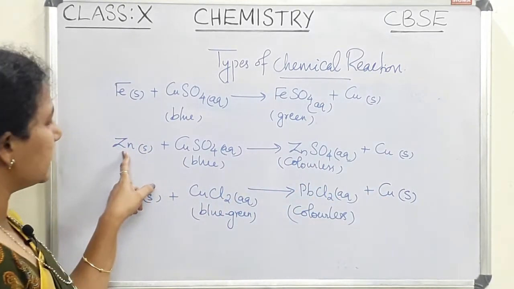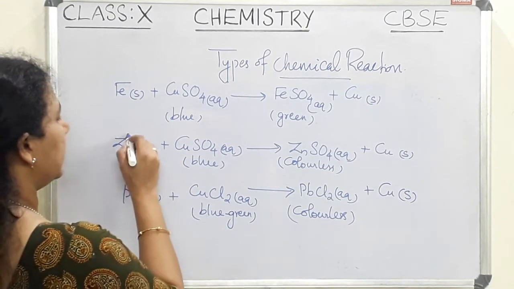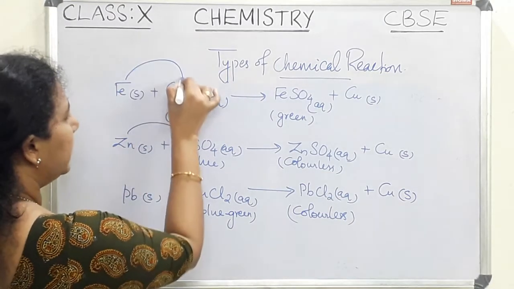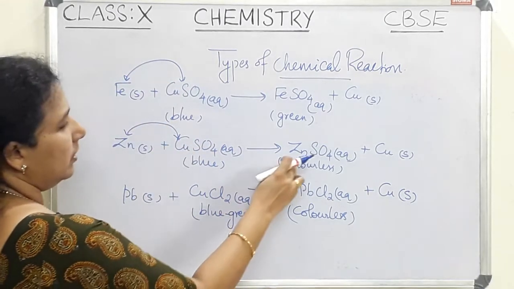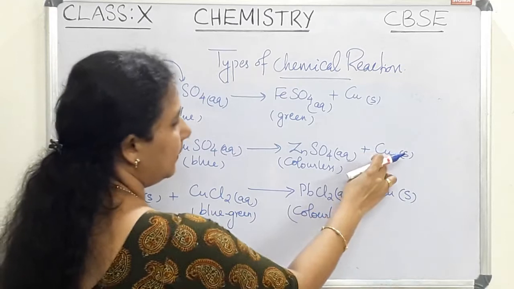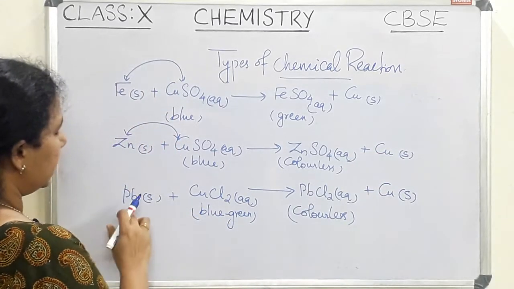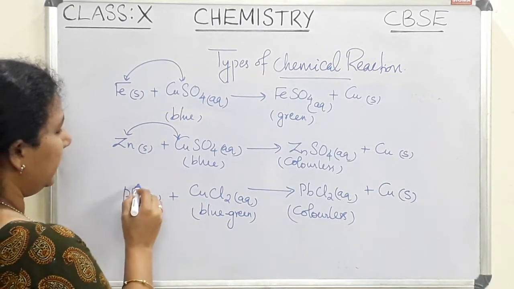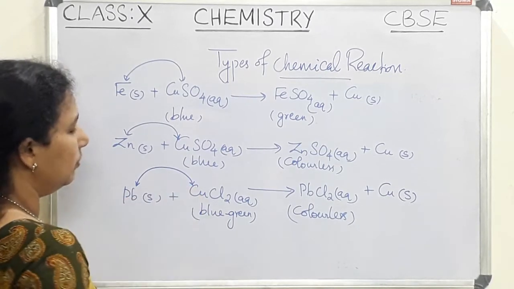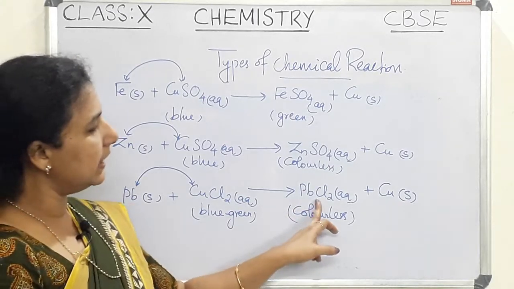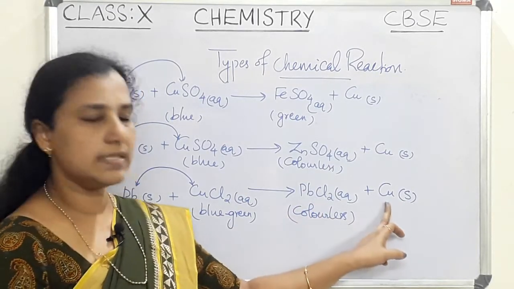Here zinc displaces copper. In this case, Pb is lead. Pb displaces Cu and forms PbCl2, lead chloride, and copper.